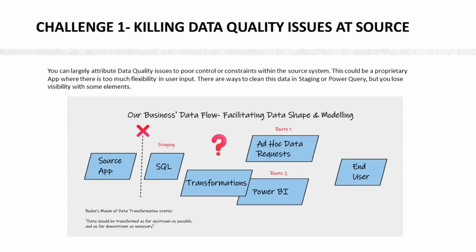So again, if we even extend Roche's maxim of data transformation here, where it should be transformed as far upstream as possible, really that extends right the way up to the source app, especially if that's where the issue is originating. So I would recommend, instead of going through some of the Power Query steps we've shown and a lot of the other standard transformations, try and kill this at source and push that responsibility backwards. It could save you a lot of hassle.